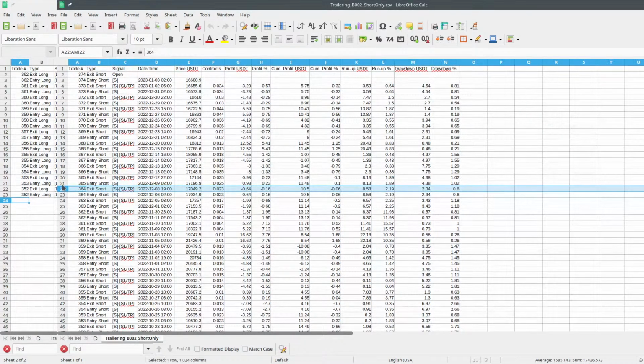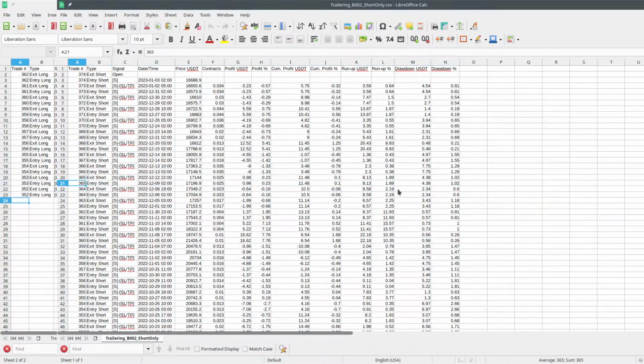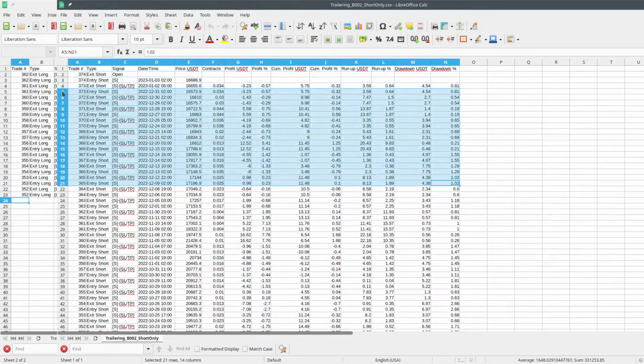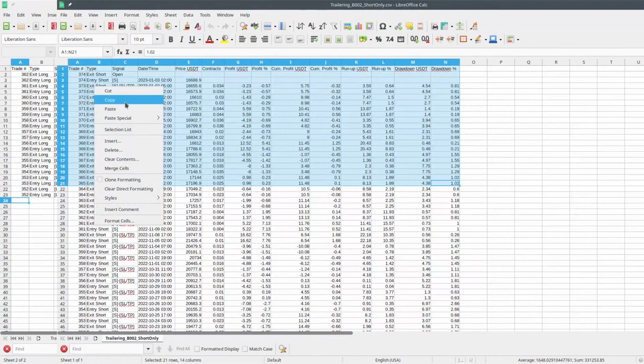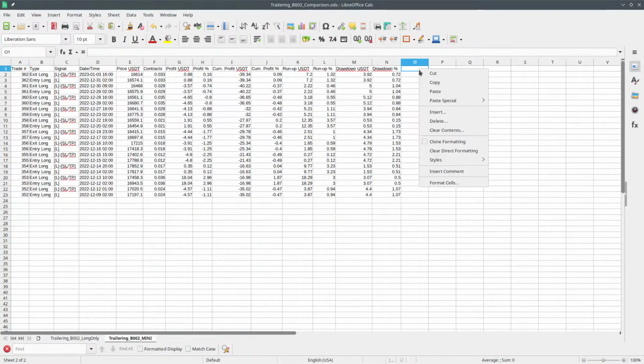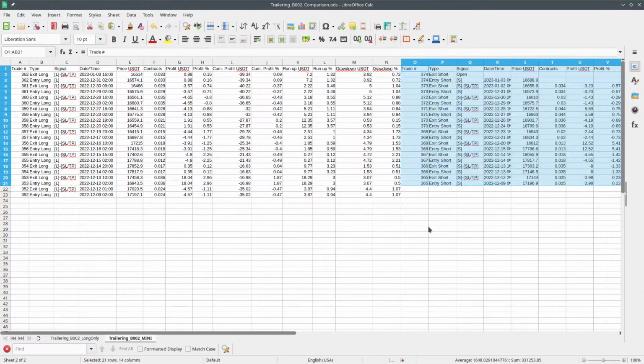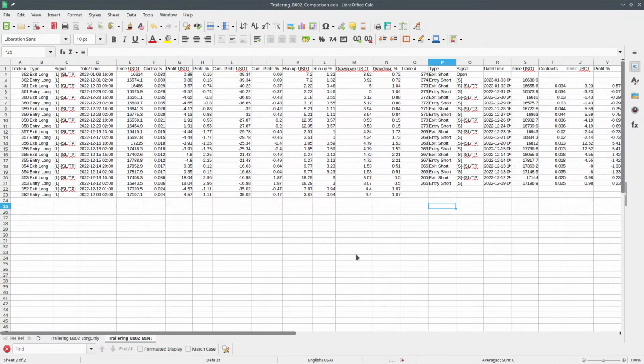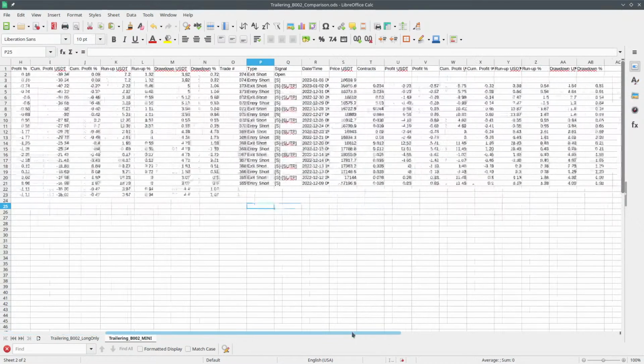So we want to just copy whatever is on this line 21, and paste this. Hopefully we can make sense of it. Look at that. Okay, so there are fewer trades than we expected, but we don't care too much because this is something that needs to be done properly.